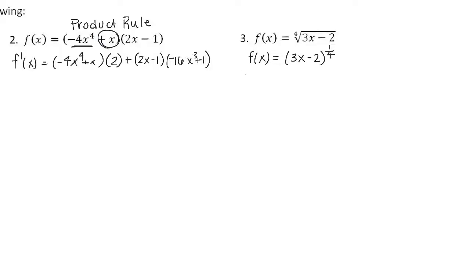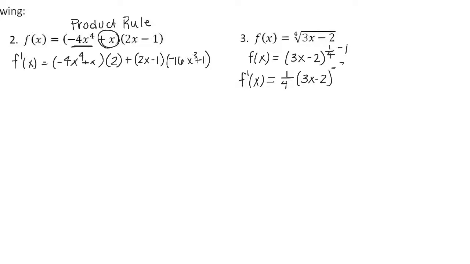So let's keep going. F prime at x, and this is chain rule, right? This is just straight up chain rule. So we're going to do 1/4 times 3x minus 2 raised to what power? What's 1/4? Remember, you say minus 1.